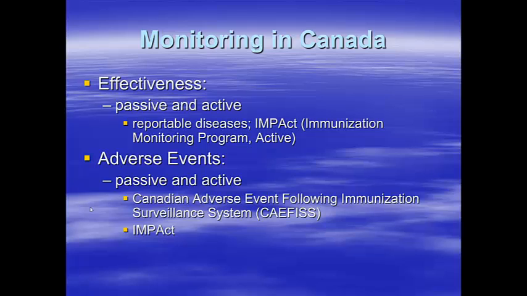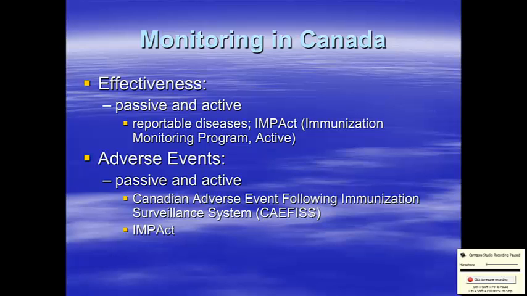The IMPACT program also looks at vaccine side effects, and there's another system in place to look at side effects of vaccine called the Canadian Adverse Event Following Immunization Surveillance System, CAEFISS. In the United States, it's called VAERS, Vaccine Adverse Event Reporting System, and clinicians or even non-clinicians, individuals in the population, can report to the VAERS system online.